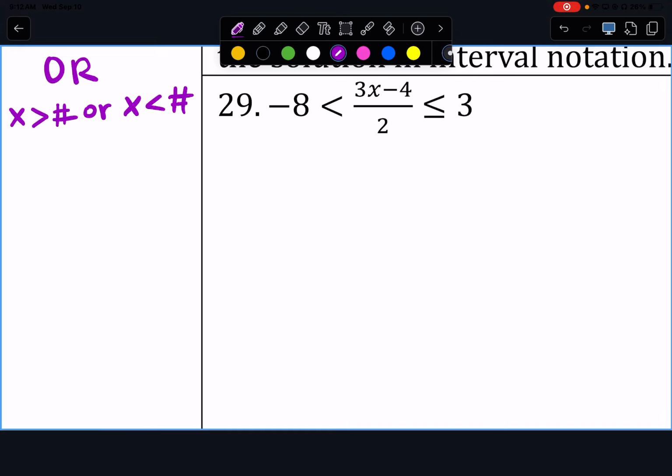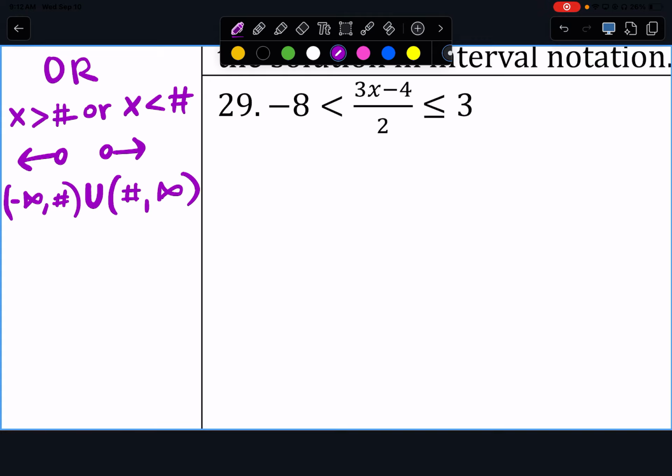Okay? It means it's set up like that. And when it is set up like that, does our graph go together or apart? It goes apart. That means our interval will be negative infinity to a number, union, the number to infinity.